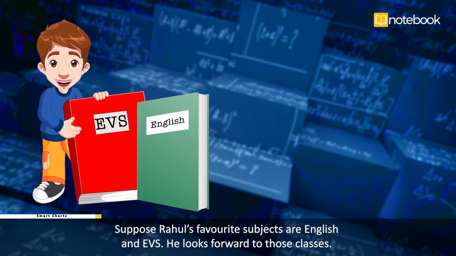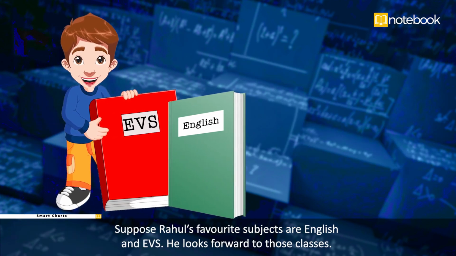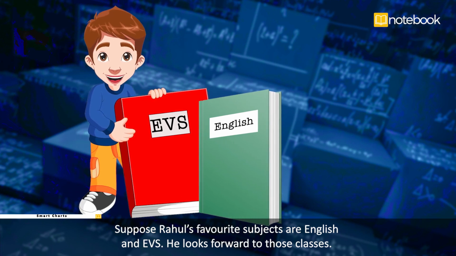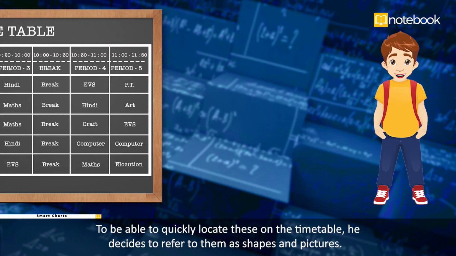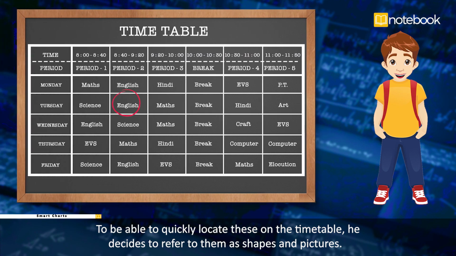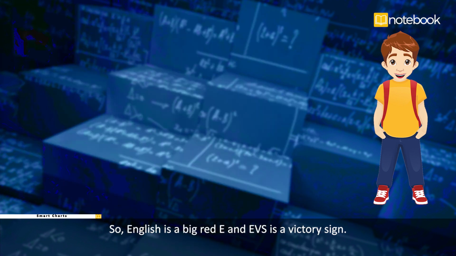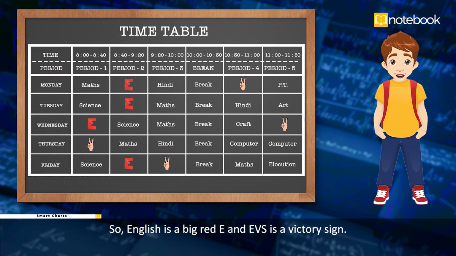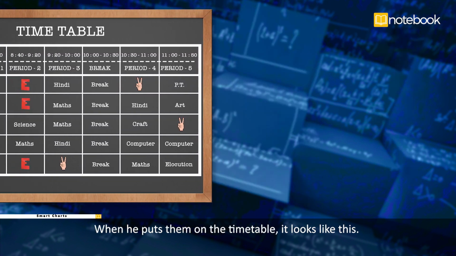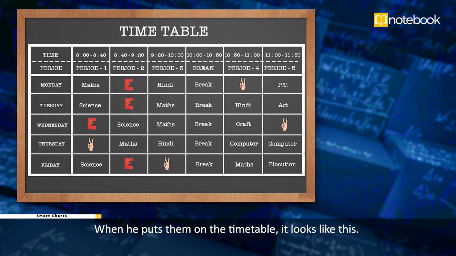Suppose Rahul's favorite subjects are English and EVS. He looks forward to those classes. To be able to quickly locate these on the timetable, he decides to refer to them as shapes and pictures. So, English is a big red E and EVS is a victory sign. When he puts them on the timetable, it looks like this.